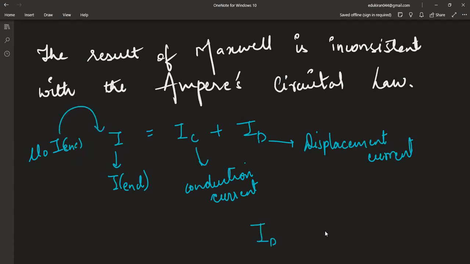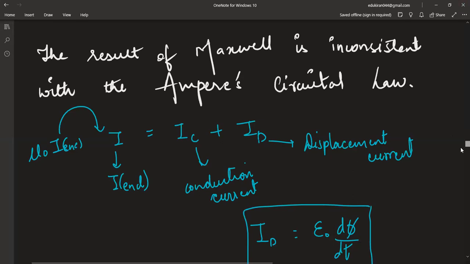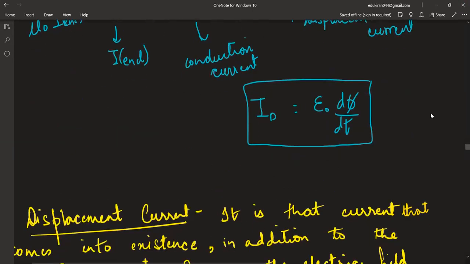Value of displacement current, let me tell you: this is epsilon naught d phi over dt, where phi is the flux. Fine. Now, what is displacement current?